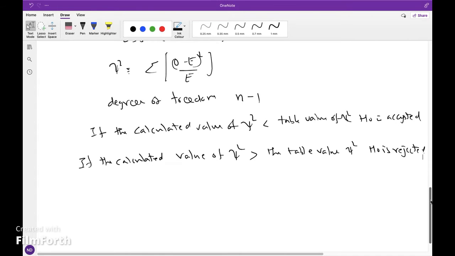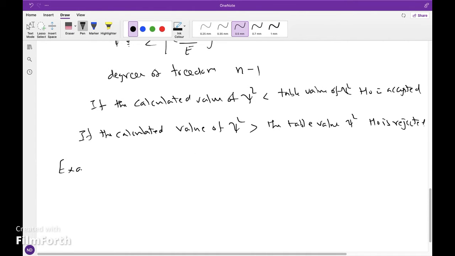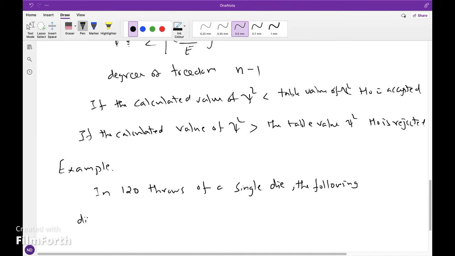Example. In 120 throws of a single die, the following distribution of faces was observed.